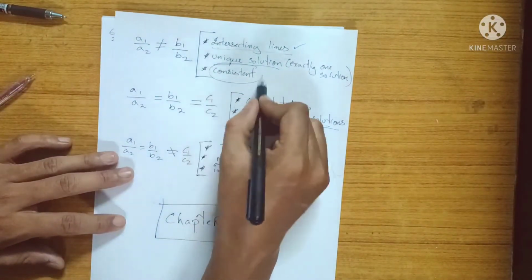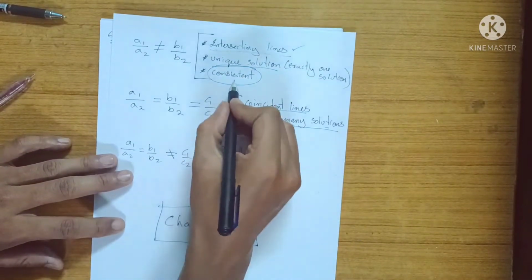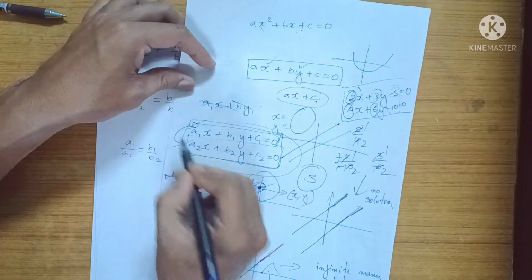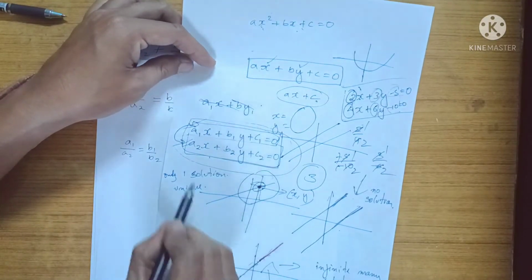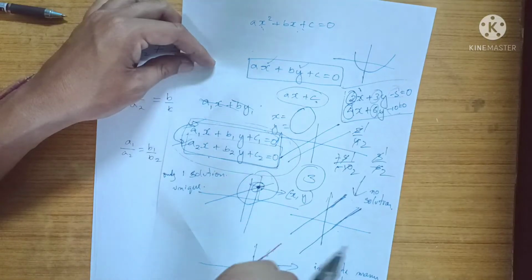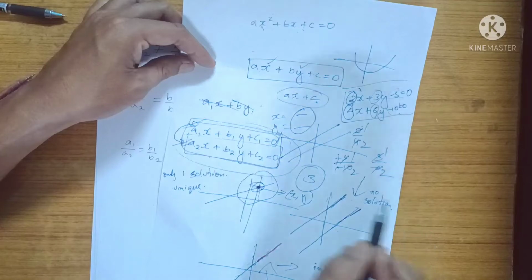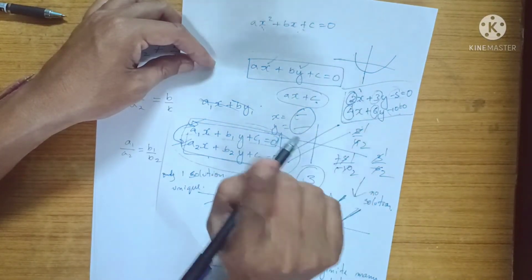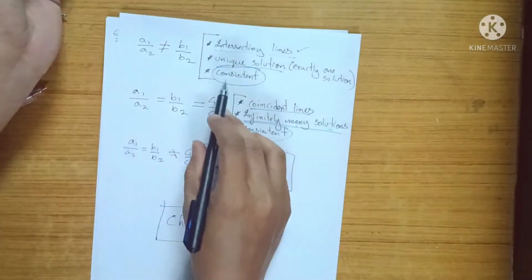And last but not least, consistent and inconsistent. Consistent means, there's two lines, right? I've already told you. If the lines are dependent on each other, which means if they have a solution, a value of x and y, even if it's a single one, then they're consistent.